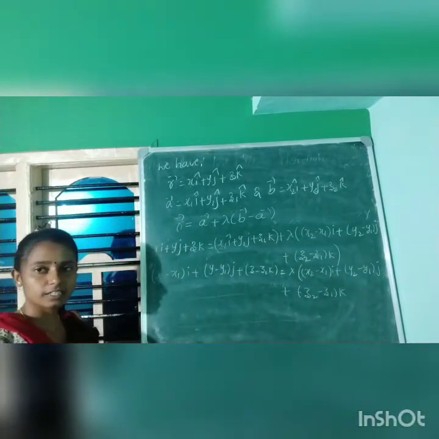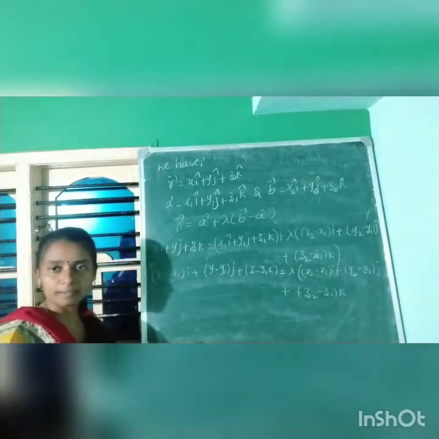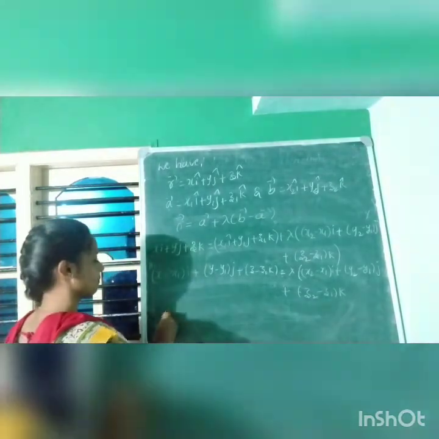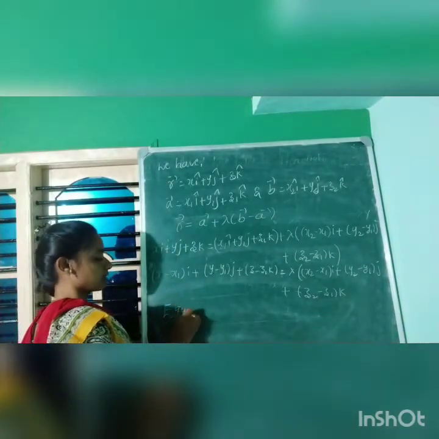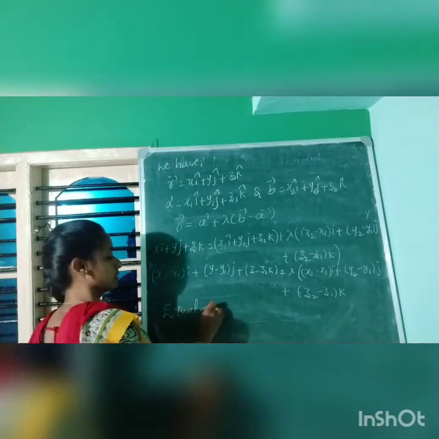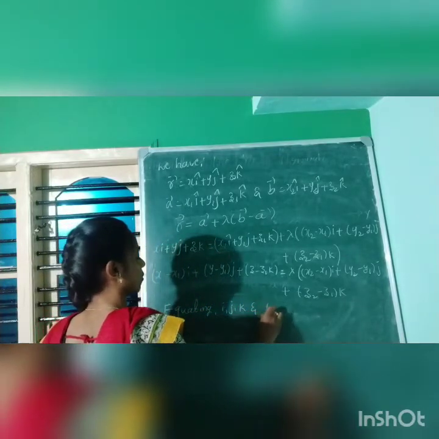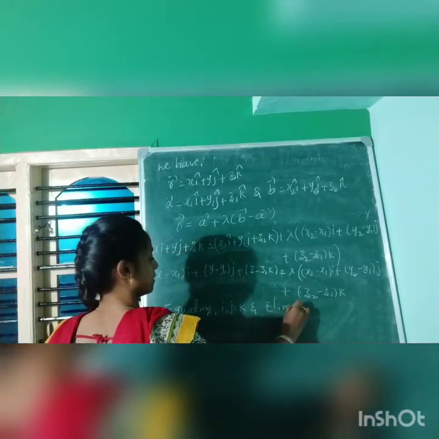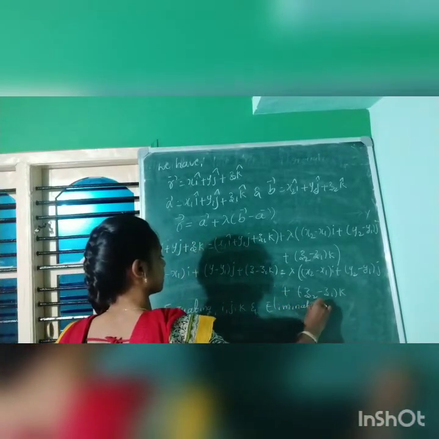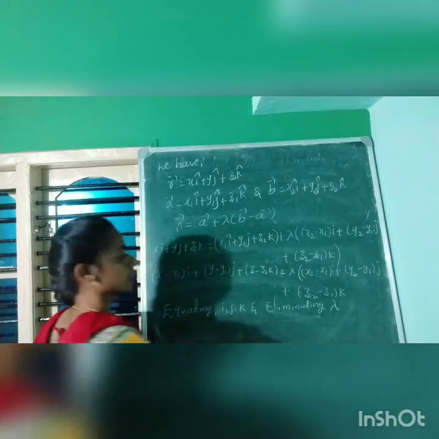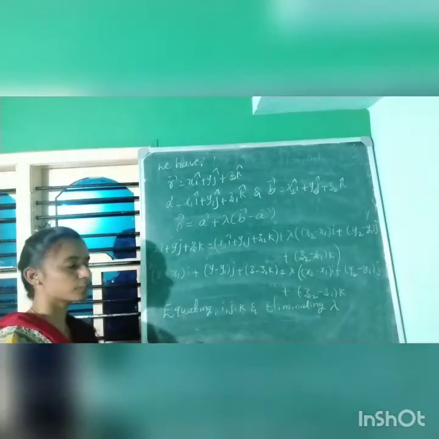So you just equate the ijk components and eliminate lambda.